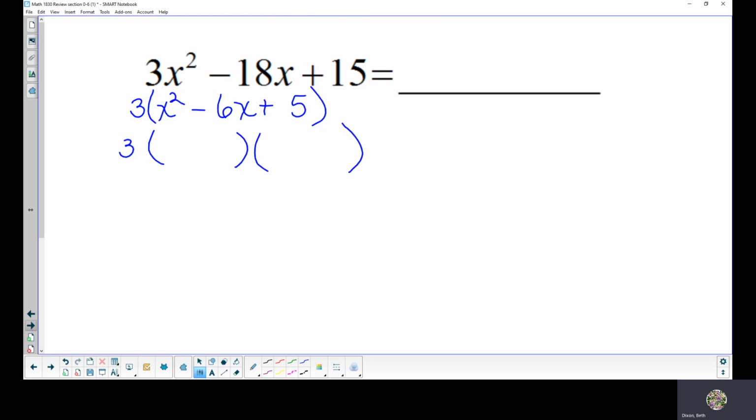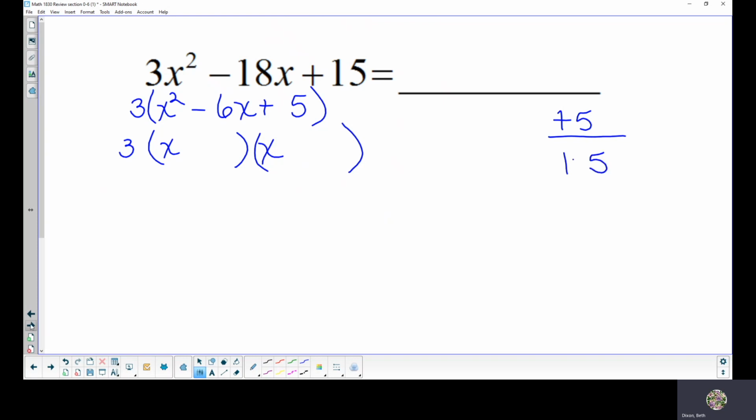Remember, our directions say factor completely. So with x squared, we're going to put an x in front of both parentheses, and then we're going to look at that last term, and that last term is a positive 5. Remember that our goal is to multiply to be 5.